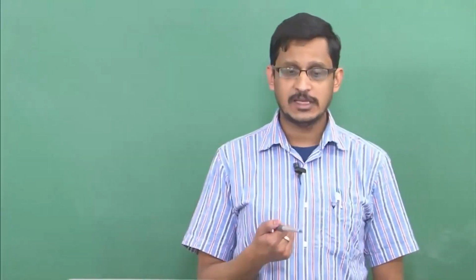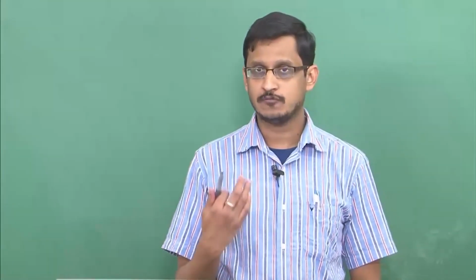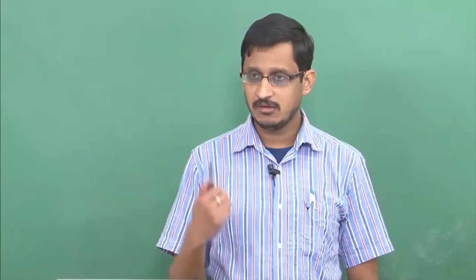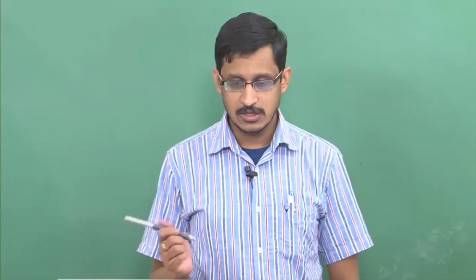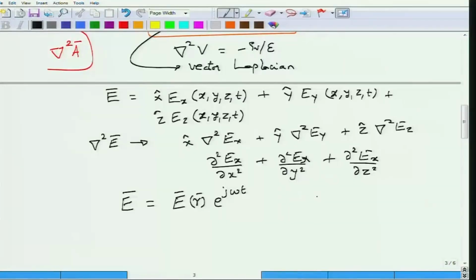If at any particular point of time you want to know the full function, just multiply the phasor with e power j omega t and then take the real part of it. So if you want to go from a full function to a phasor, let us say the full function is E of r e power j omega t, or the real part of it.